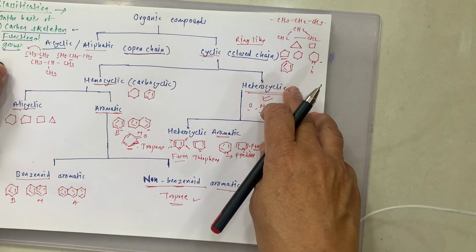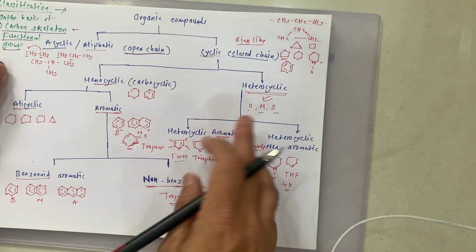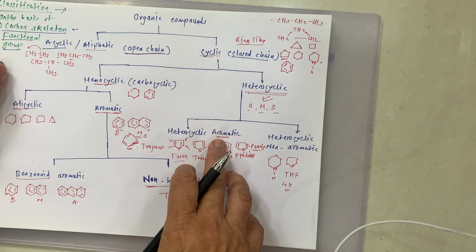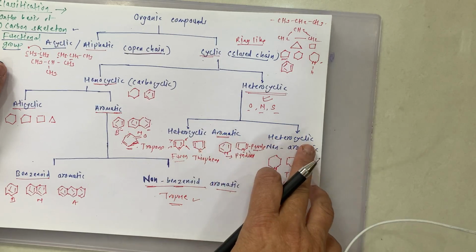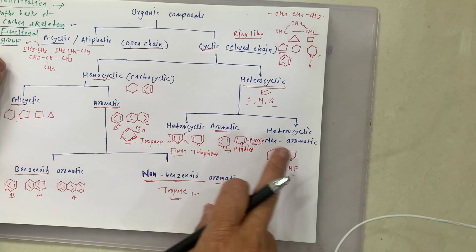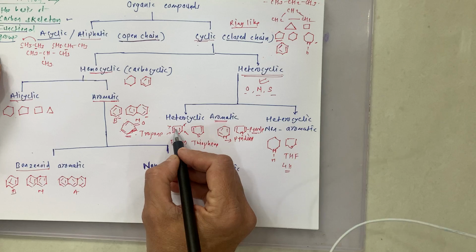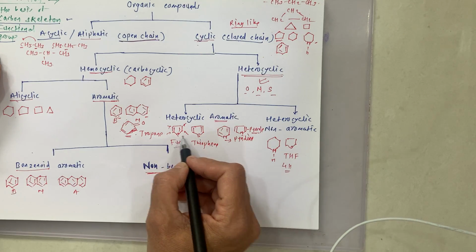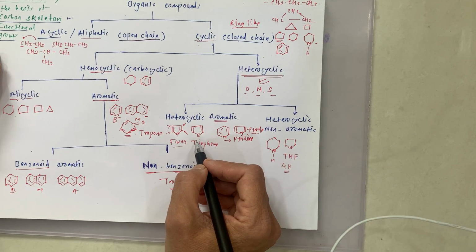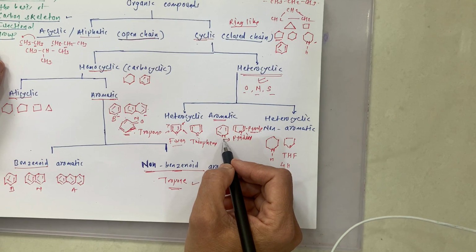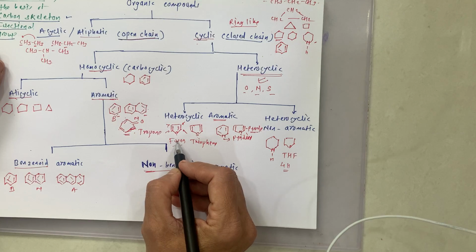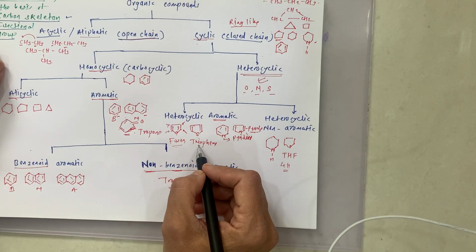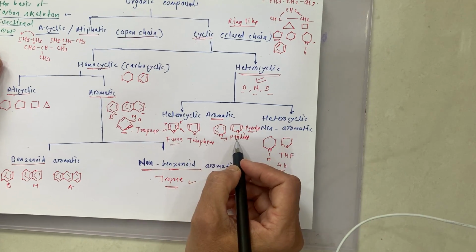Now under this heterocyclic, again we can make two subclasses, that is heterocyclic aromatic and heterocyclic non-aromatic. See the differences between the two. Here are double bonds with oxygen with the lone pair of electrons, sulfur with the lone pair of electrons, similarly nitrogen with this lone pair of electrons. The name of the compound is furan. When there is S, the name of the compound is thiophene.